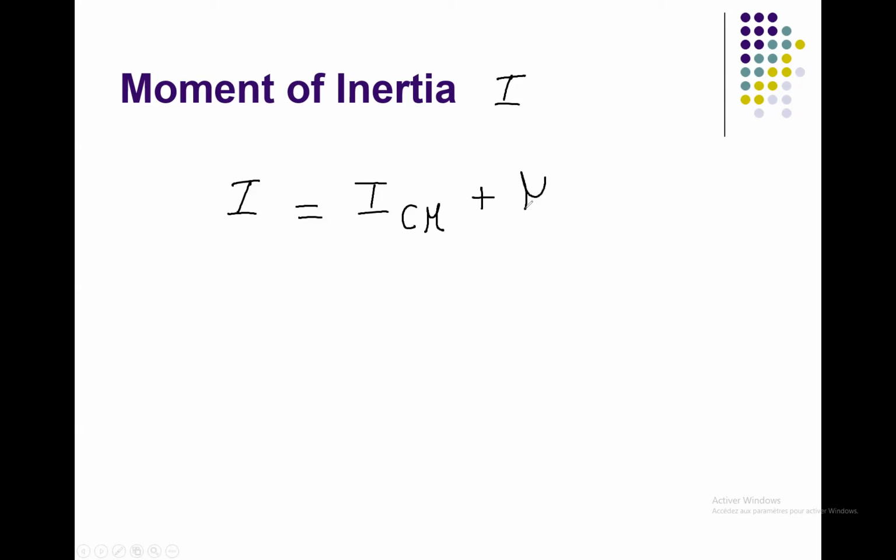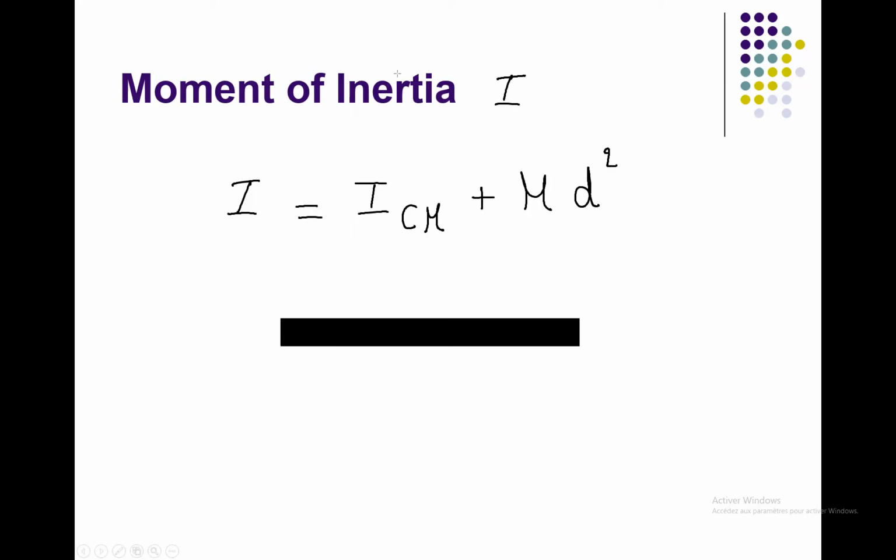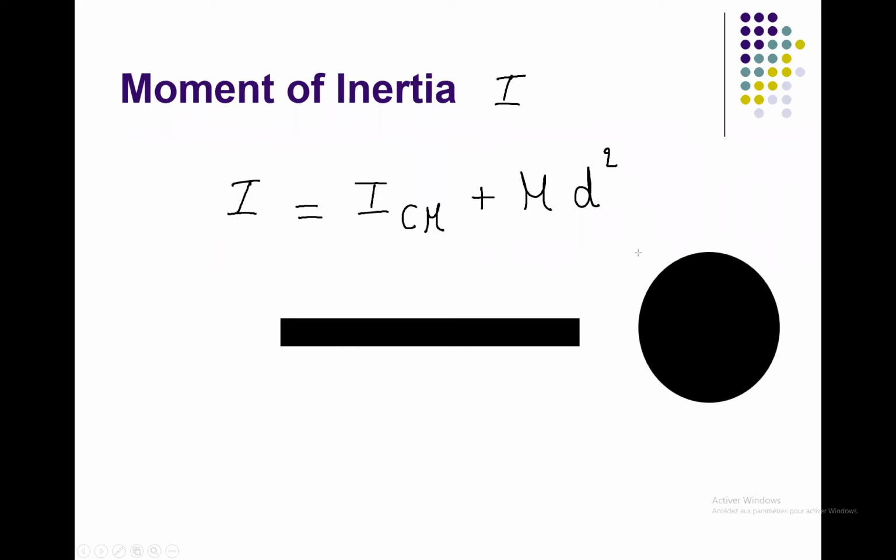plus m d square. Okay, here for any object, for example, let's say we have a rod, this rod, or if we have a sphere, if we have a cylinder, for any object, we have the moment of inertia of the center of mass, I_cm, plus m d square.